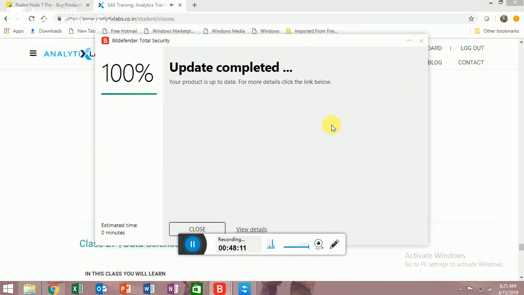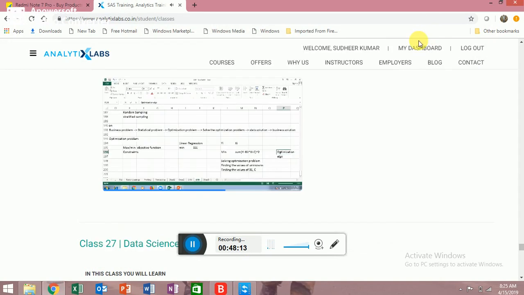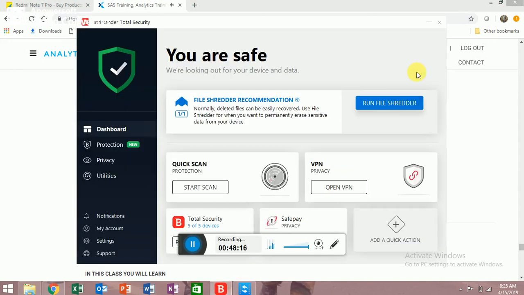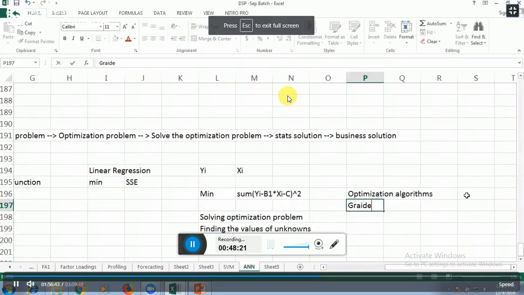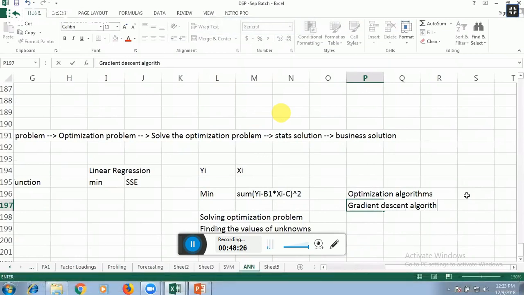This is the place where we have optimization algorithms. What are the optimization algorithms we have? One is the gradient descent algorithm. And the second one, similar to this, is the stochastic gradient descent algorithm. And mini gradient is also called batch-wise.